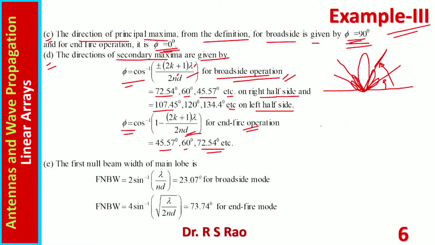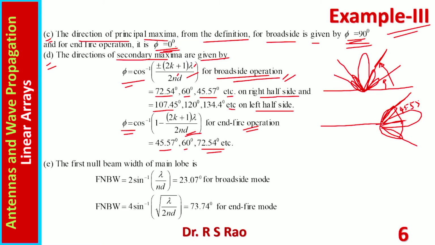When it comes to end fire operation, this is main lobe, this is first secondary lobe. This is direction of first secondary lobe, 45.57. Here is another secondary lobe. For this also, phi is equal to 45.57 degrees.